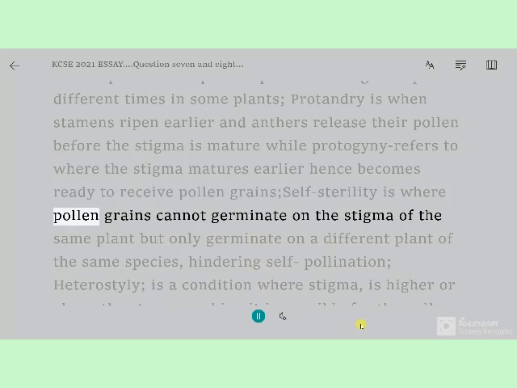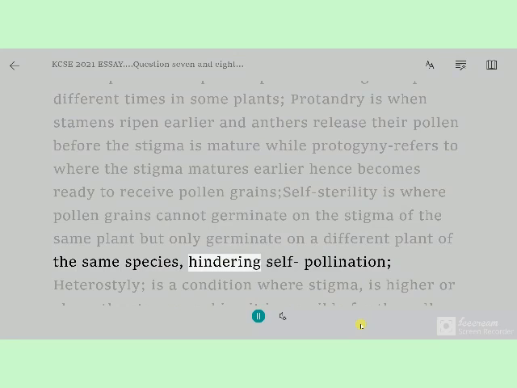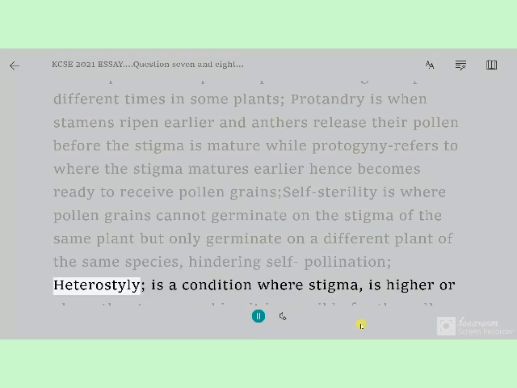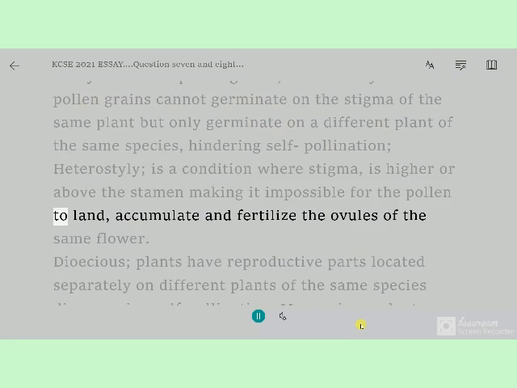Self-sterility is where pollen grains cannot germinate on the stigma of the same plant, but only germinate on a different plant of the same species, hindering self-pollination. Heterostyly is a condition where the stigma is higher or above the stamen, making it impossible for the pollen to land, accumulate and fertilize the ovules of the same flower.